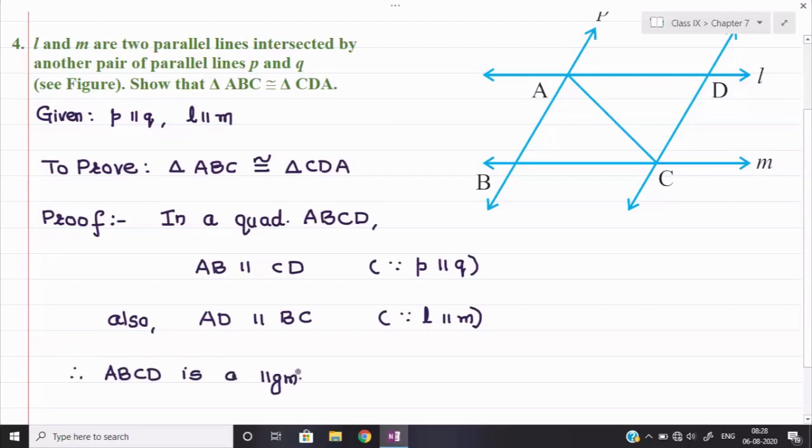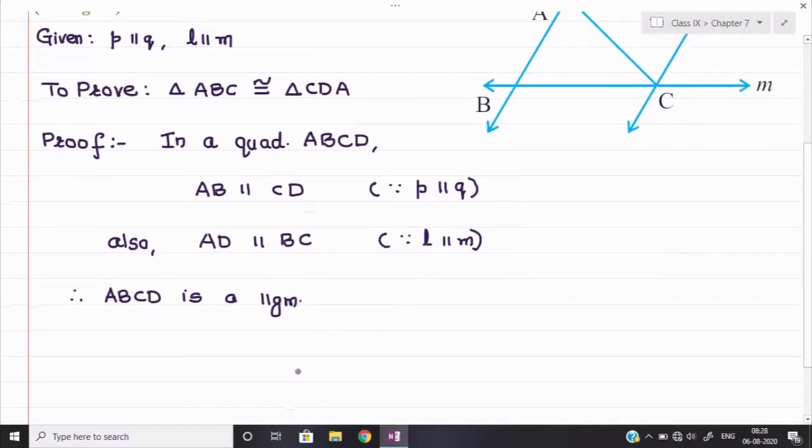Now, if it is a parallelogram, then one property of a parallelogram we know is that opposite sides are always equal. So AB will be equal to CD, and AD will be equal to BC. You must have studied this property in lower classes.